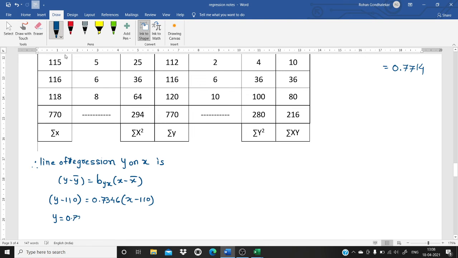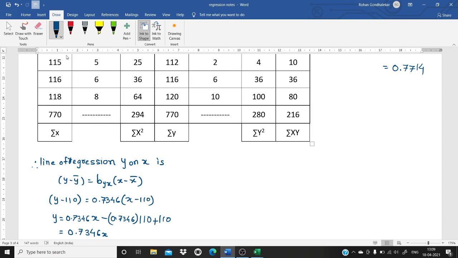0.7346 multiplied by x plus 0.7346 into 110. Okay, this is not a plus, there has to be a minus. See, on the left hand side, there is a term y minus 110. That minus 110 will be shifted to the right hand side. We get this. So this is equals to 0.7346x.